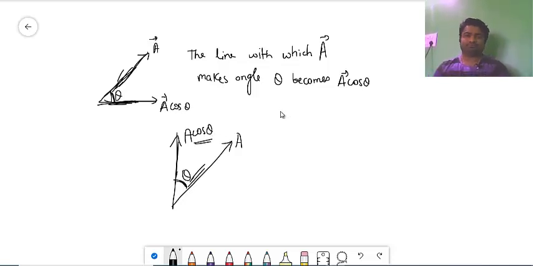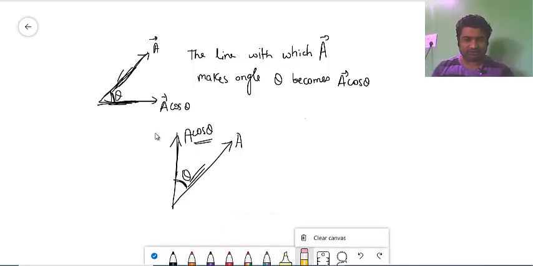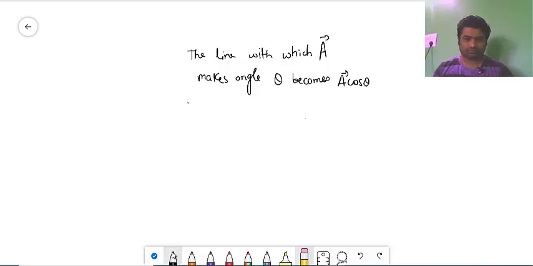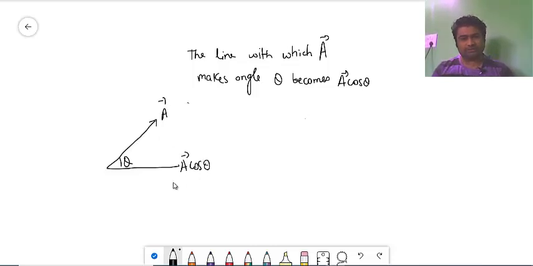Now again, the line, okay, it is better if I make you understand through a diagram. So if this is A vector, this is your A cos theta.